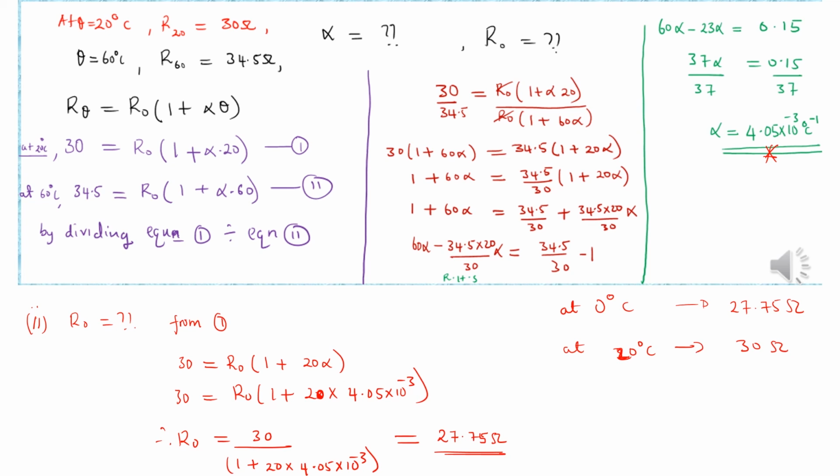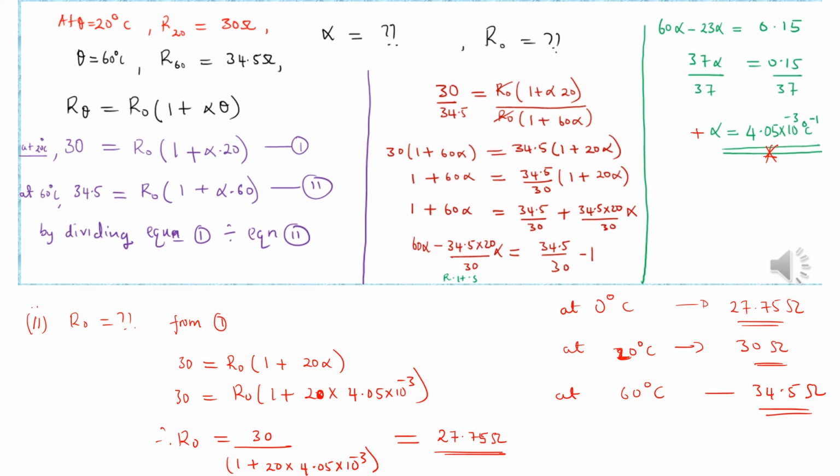This justifies why we are saying that this wire has a positive temperature coefficient of resistance. Why? Simply because the fractional change in resistance per degree rise in temperature is positive.